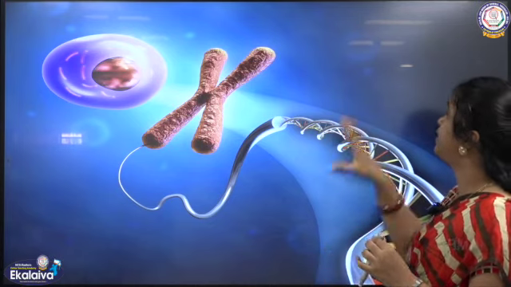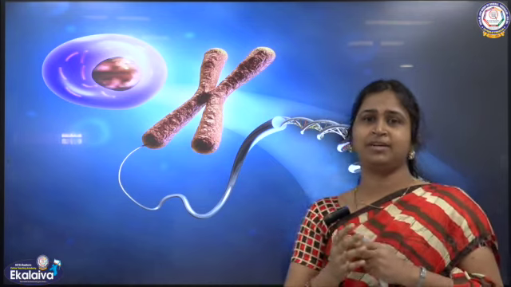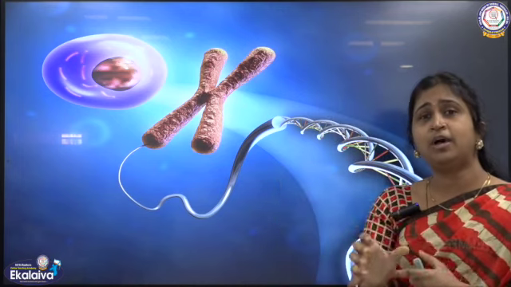If you take anything, it should have a property, a characteristic. Like that, when we say genetic material, it should have a basic character. We'll see one after the other.